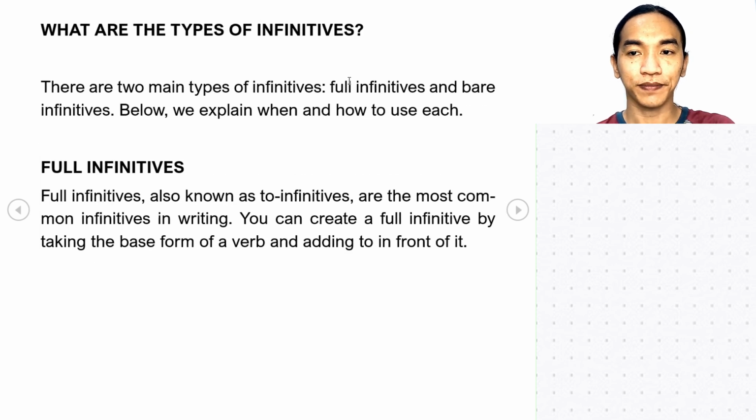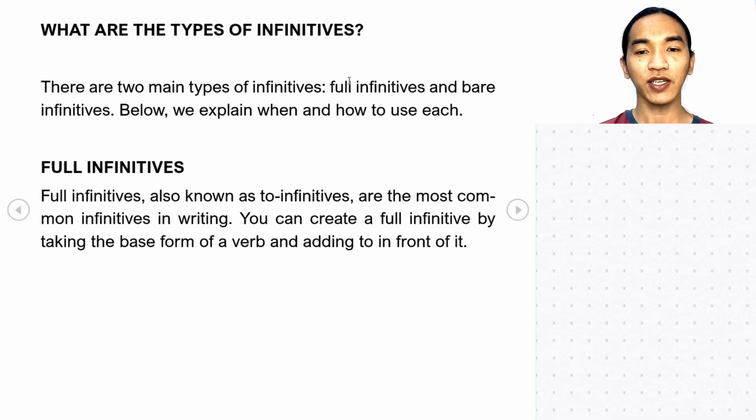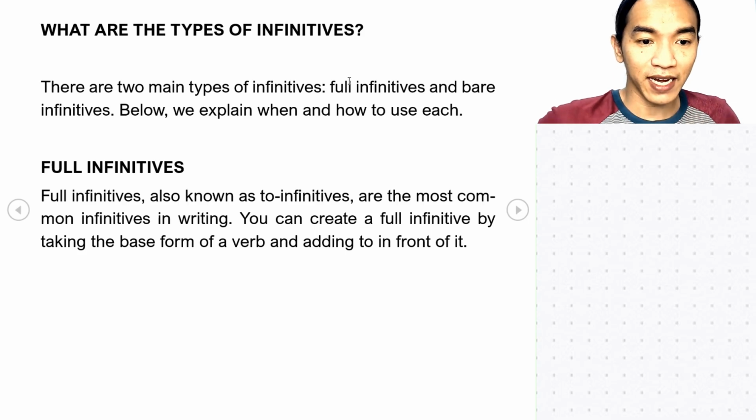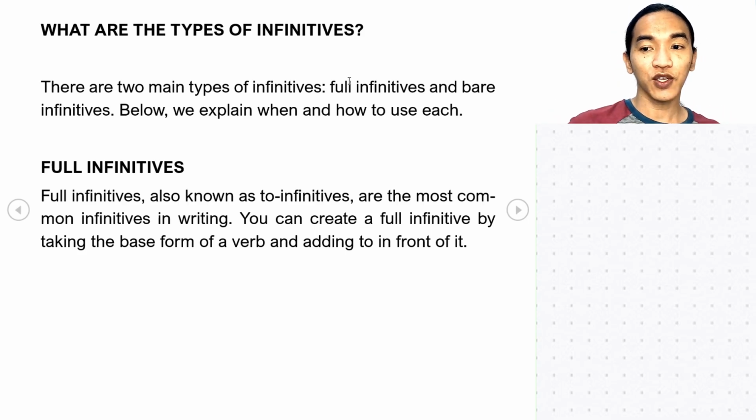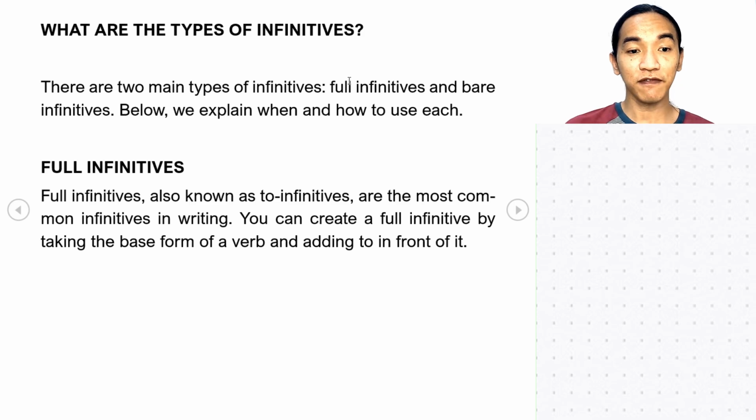Now, what are the types of infinitives? The first one is the full infinitive. Full infinitives, known as the to infinitive, are the most common infinitives in writing and even in speaking. You can create a full infinitive by taking the base form of the verb and adding to in front of it.